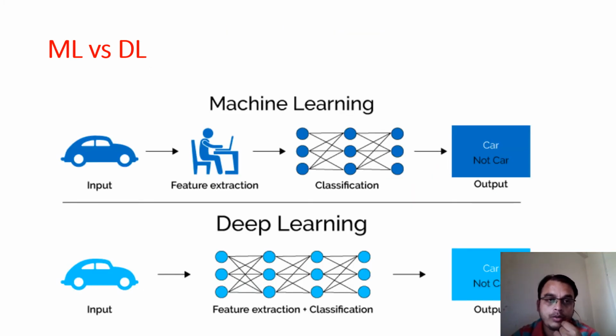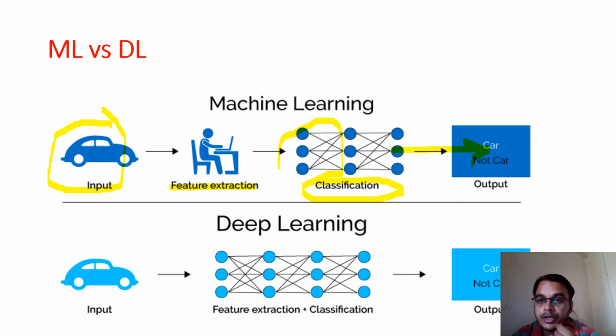Okay, now a basic difference between machine learning and deep learning. In traditional machine learning, this is an input, and a person manually extracts the features. Now the features are given to the classification mechanism, and once my features have been trained, I am able to detect whether it is a car or not a car.